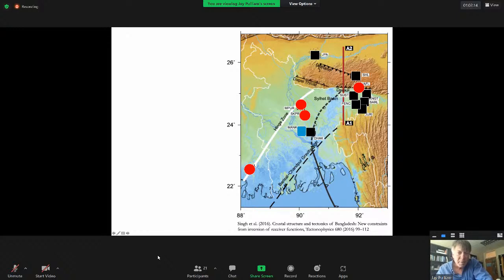But by and large, the ones that show anisotropy are out here in the flatter part of Bangladesh, and the ones that show isotropy, that fail to show anisotropy, are in the more steeply dipping part of the subducting slab beneath Burma. I don't think he really commented on the anisotropic characteristics.